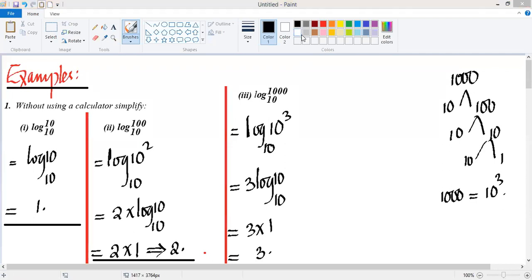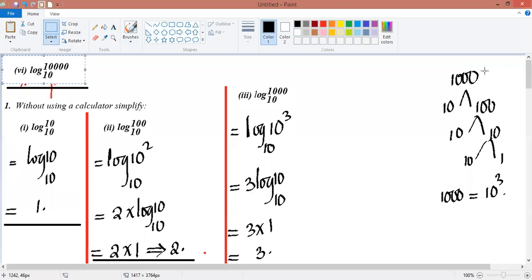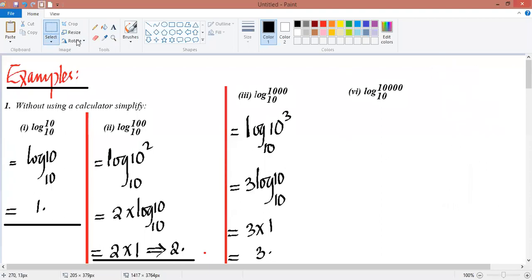Yes, those that have submitted the 3, thank you. Proceedingly, we can have another, Roman 4. Can someone directly tell me what's the answer to Roman 4? 4.